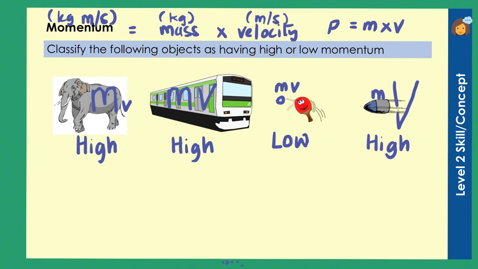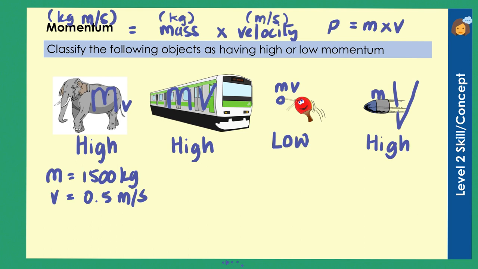So we're going to start off with the elephant. So a walking elephant, let's start with the mass first. Let's imagine the mass of the elephant is 1500 kilograms. Its velocity is walking at half a meter per second.